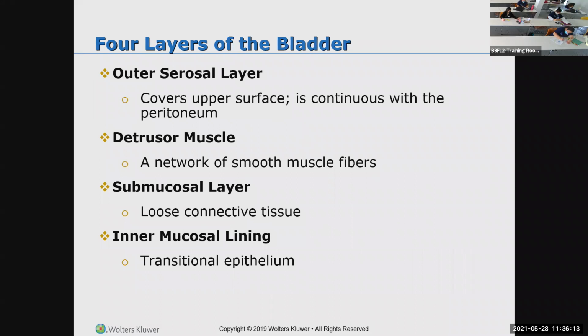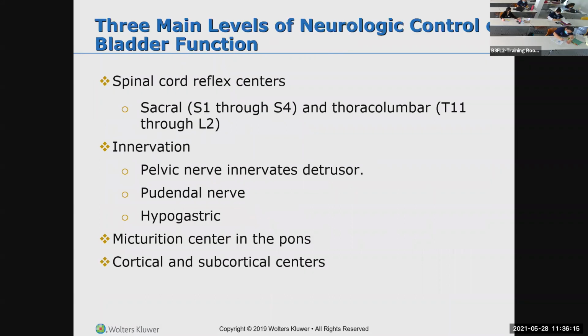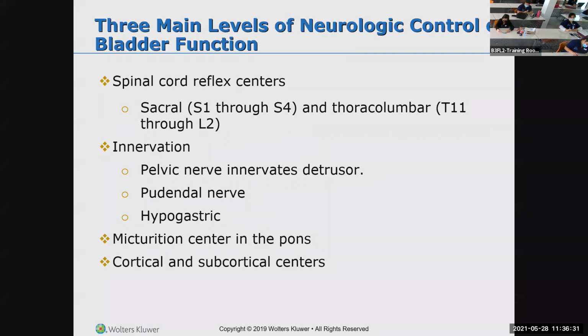We already mentioned the layers. The PowerPoint also has a diagram in the textbook. There are three main levels of neurologic control of bladder function. One is the spinal cord reflex centers, located in the spinal cord from S1 to S4, which is the parasympathetic, and the thoracolumbar, T11, T12, L1 and L2, which is the sympathetic.